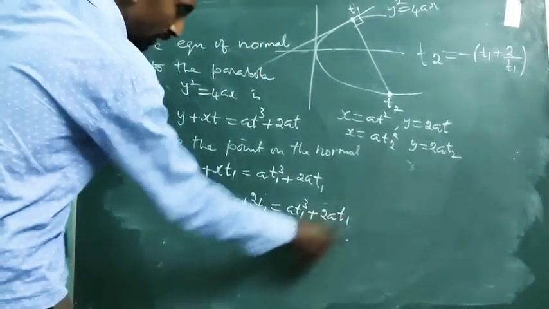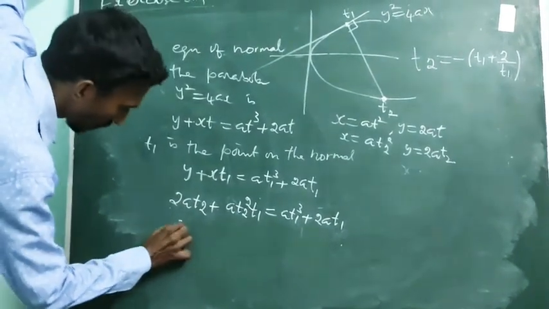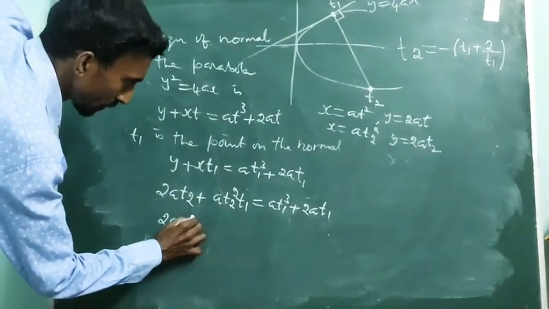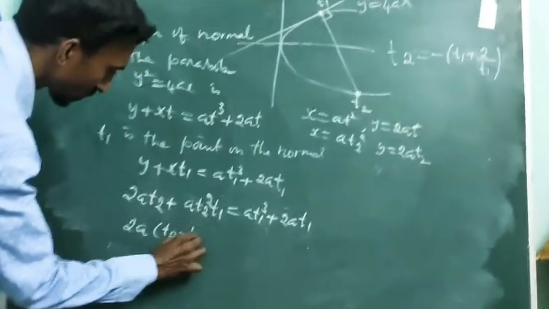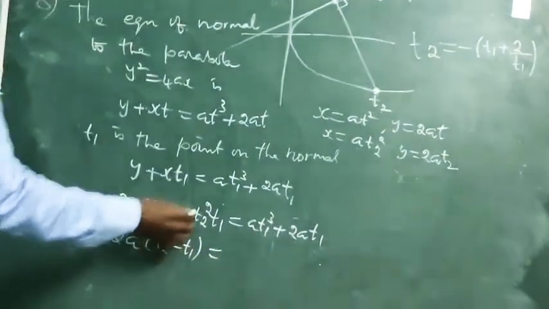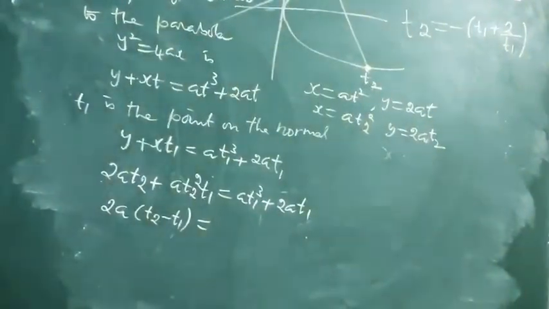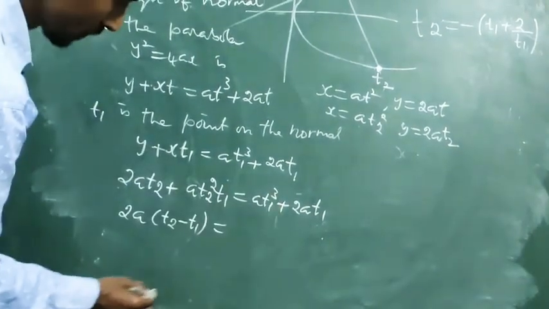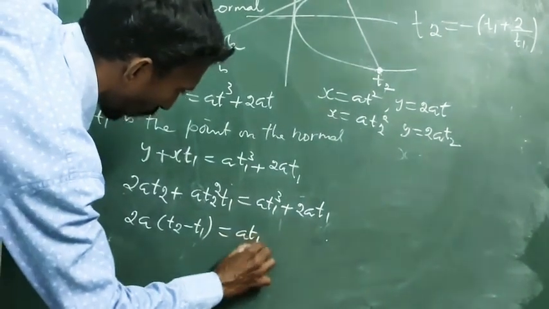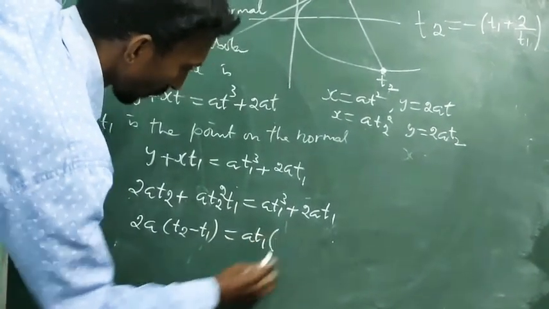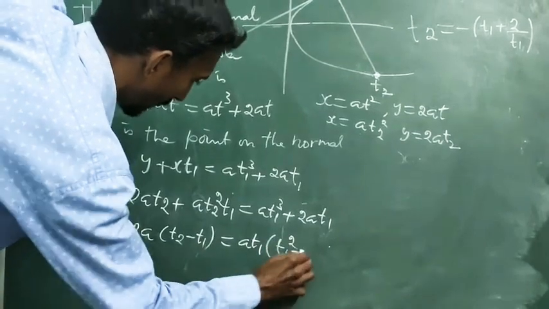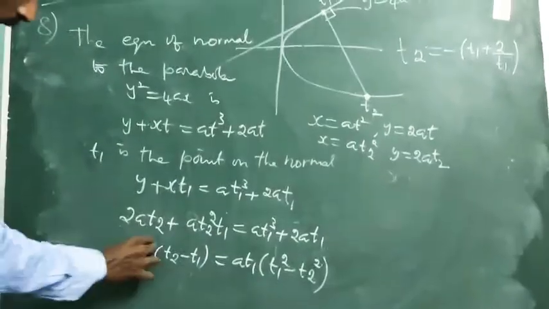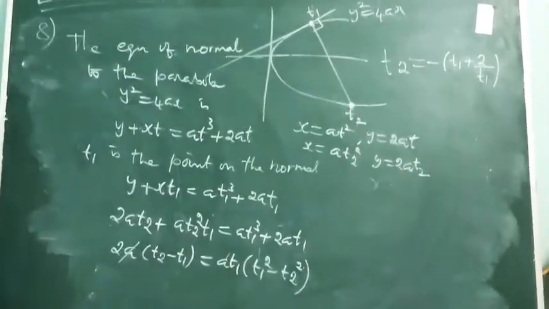Change the side and take 2a as common. 2a into t2 minus t1 equal to, and move this one and take a t1 common, a t1 into t1 square minus t2 square. So a cancels.